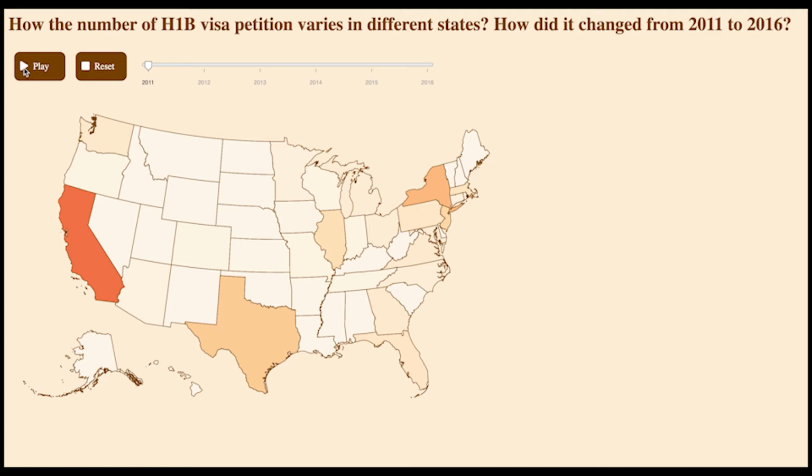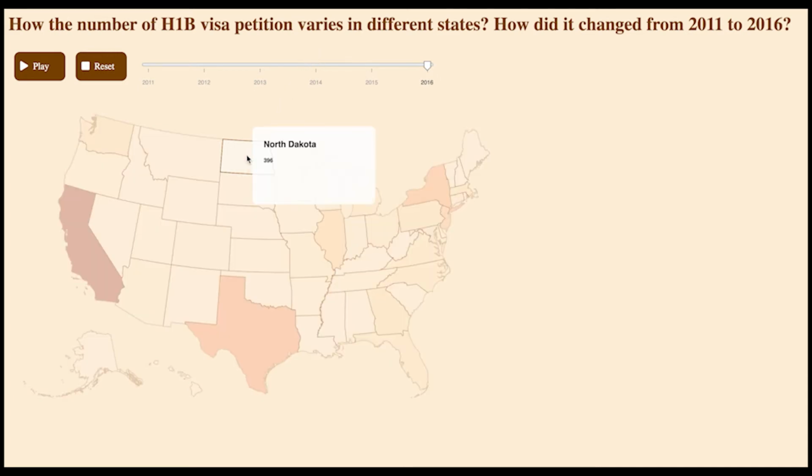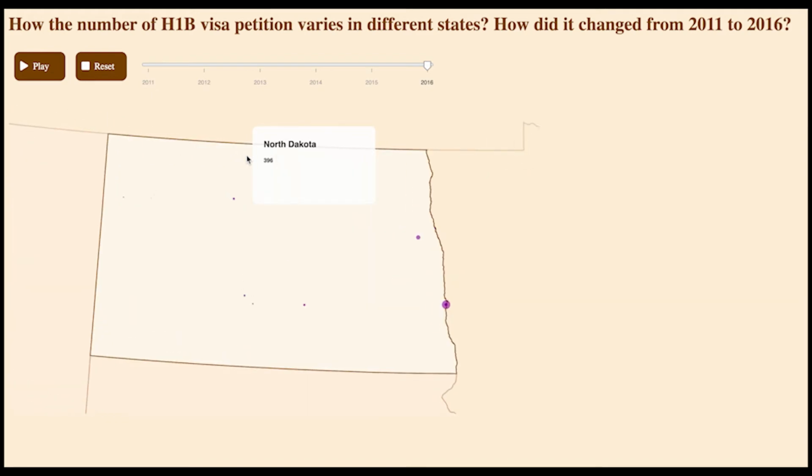By clicking play or dragging the slider, users will be able to see the number of H-1B filings change from 2011 to 2016. Moreover, when users click on a single state, they will be able to explore the number of H-1Bs that companies within that state file. Each company is represented by a purple circle, where the size of the circle represents the number of H-1Bs they file. The larger the circle, the more H-1Bs they file.